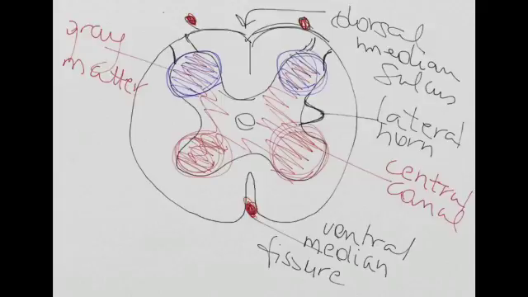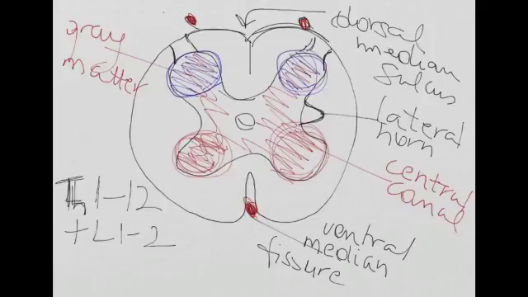And these lateral horns are found in T1 to 12 plus L1, L2 levels, and at these levels the autonomic motor nerves are carrying sympathetic output.